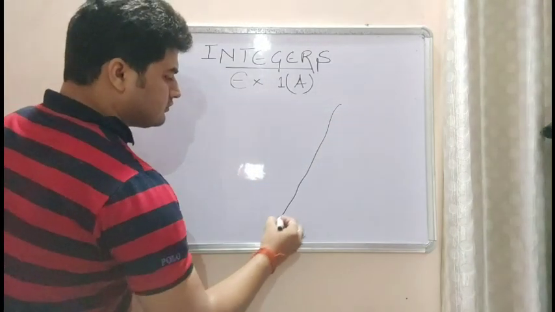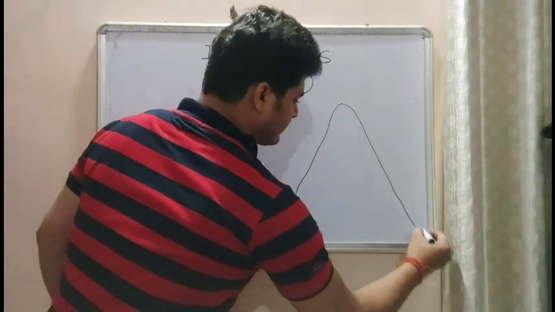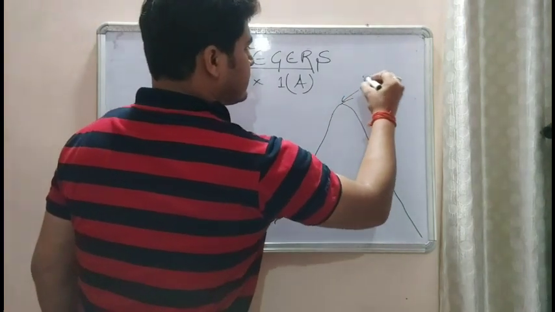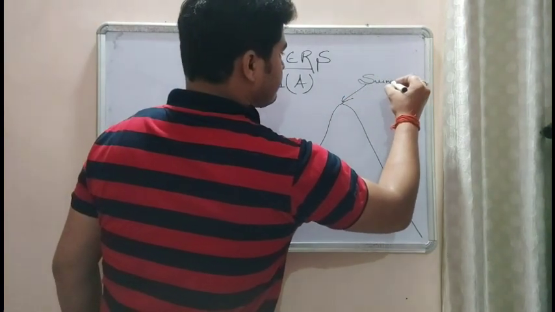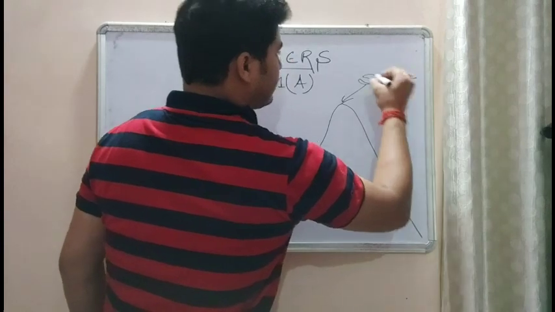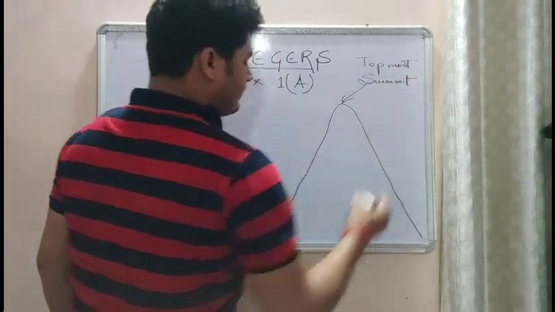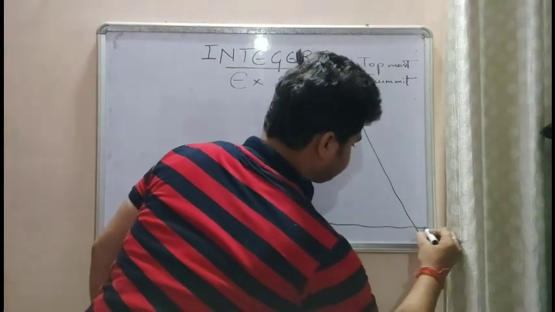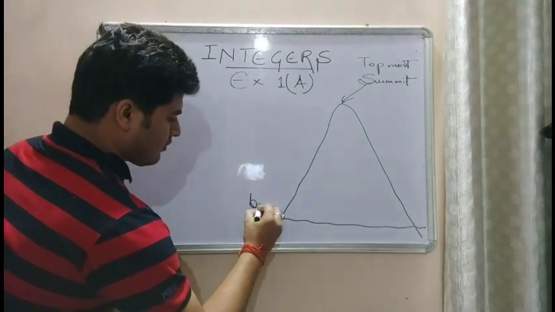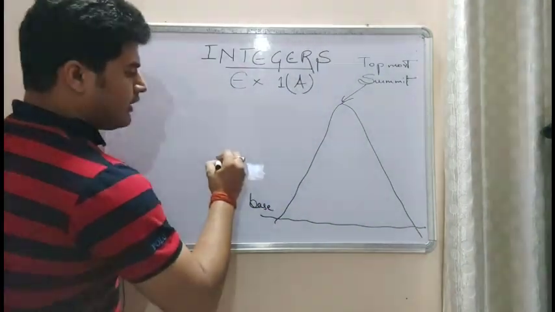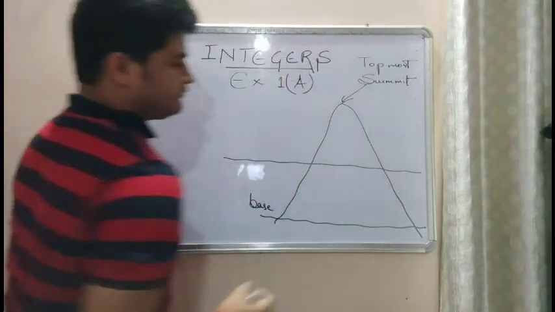Suppose this is Mount Mauna Loa. This is its summit, that is the topmost point. And this is its base. And this is supposed to be the sea level.